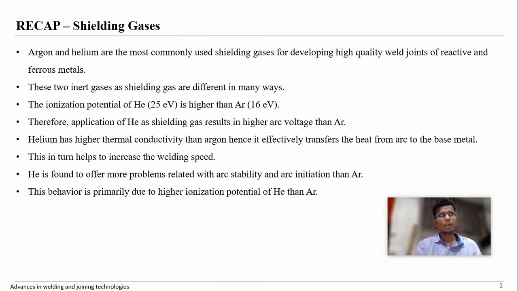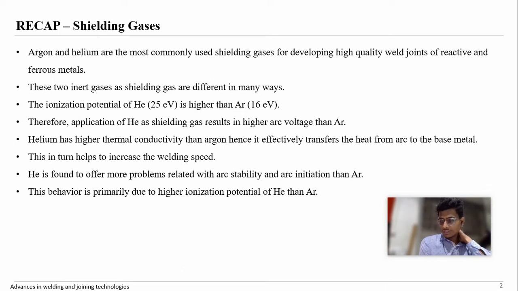In this starting recap session, I will be mainly discussing, as an example, how to select the shielding gas. Suppose we are given argon and helium shielding gas for TIG welding, meaning tungsten inert gas welding.